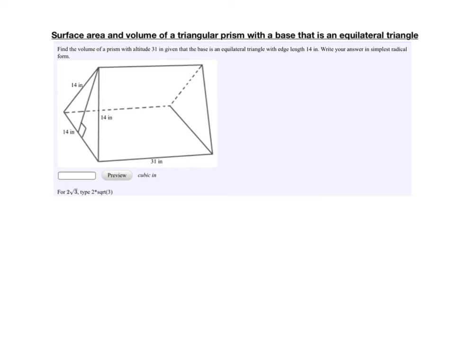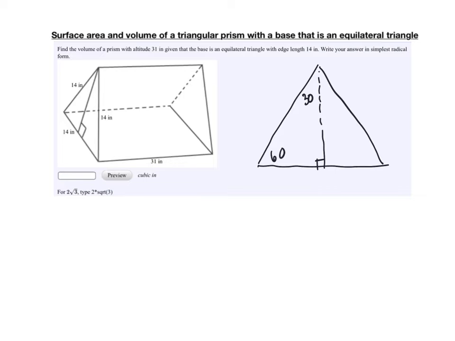How to find the surface area and volume of a triangular prism with a base that is an equilateral triangle. So if we take a look at the base, we'll sketch a triangle here. That base gives us a 30, 60, 90.